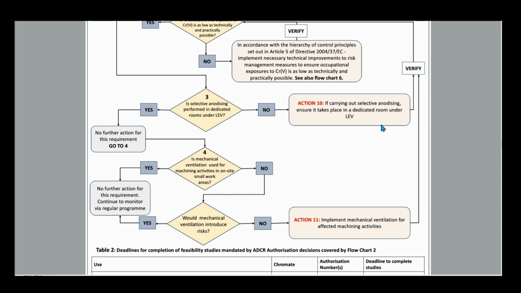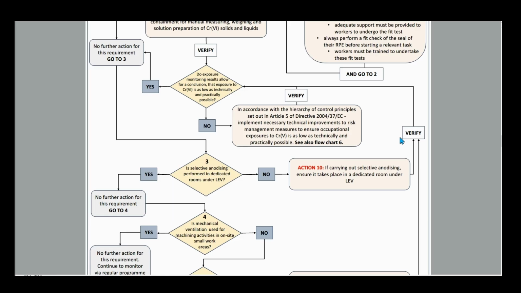Verify throughout control measurements that the exposure to hexavalent chromium is as low as technically and practically possible. If the exposure to hexavalent chromium is not as low as technically and practically possible, further measures shall be taken until this is achieved.